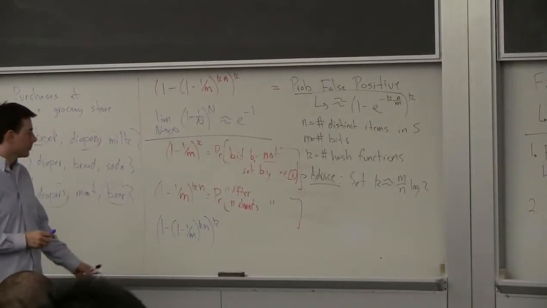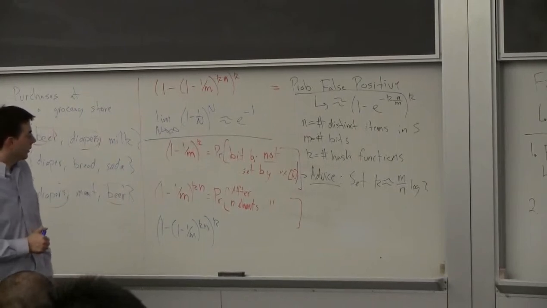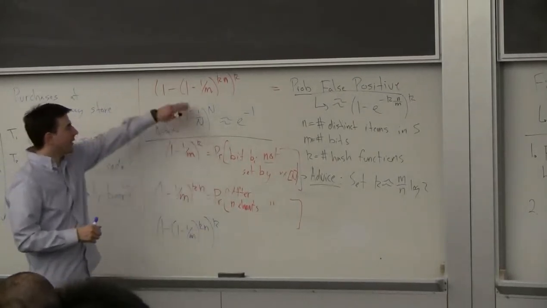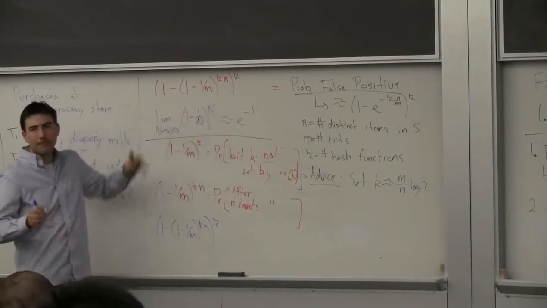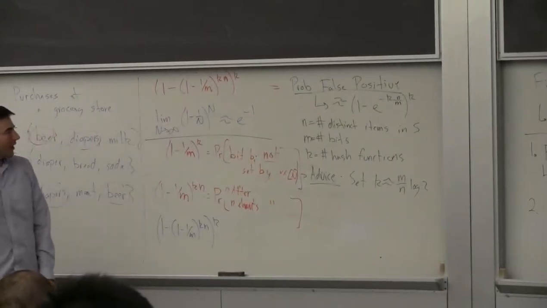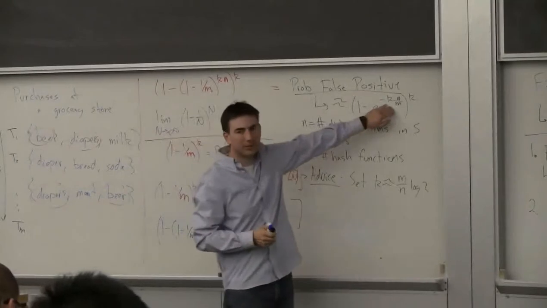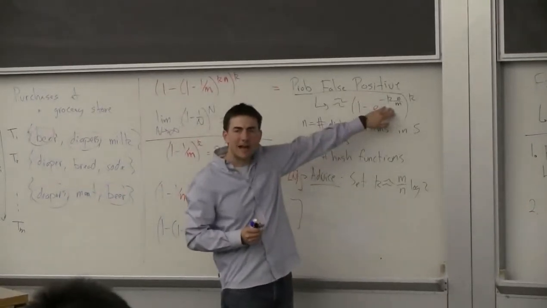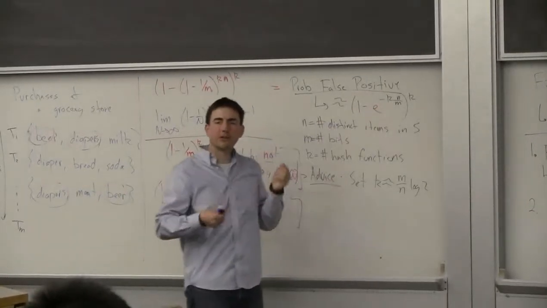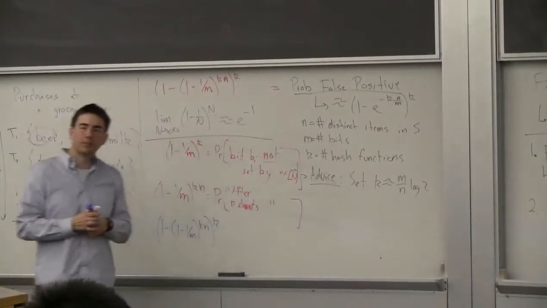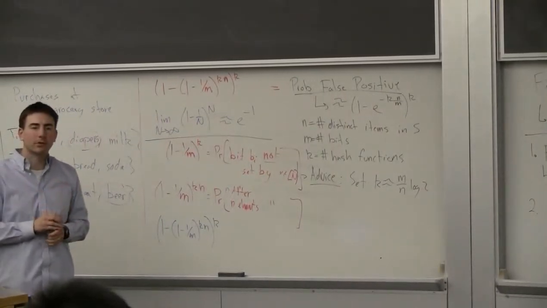Okay, so that's how I derive this property. If you get something where the number of bits per item is like 5, so you have 5 bits for every item in there, then you get really pretty small probabilities.